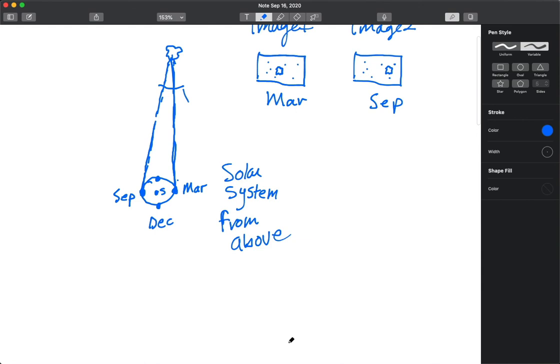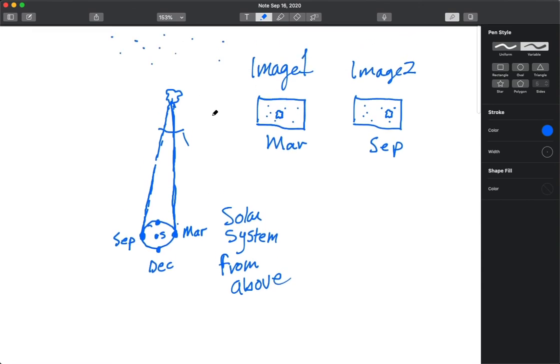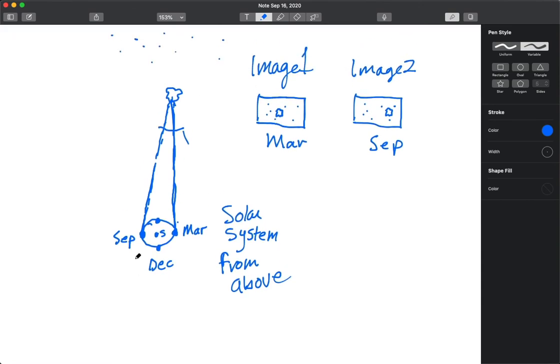This is the drone's eye view of our solar system now. Specifically, here's Earth in September, here's Earth in March, here's Earth in December. I left out June because it was kind of in the way of my lines. And here's some space rock we want to see. Maybe it's outside the solar system, but not as far away as the distant stars. And we want to figure out how far away it is using parallax.